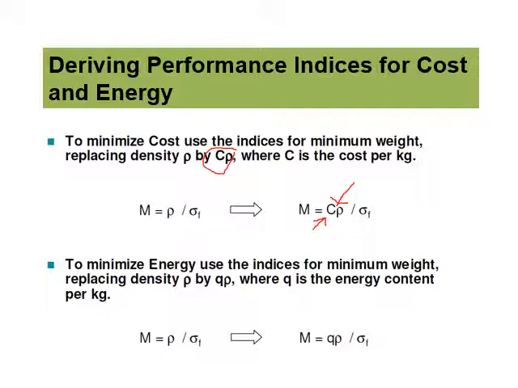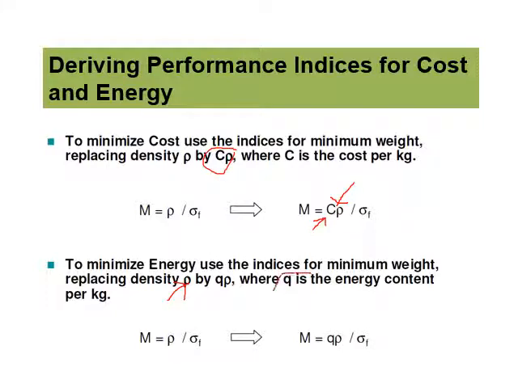Also, you can relate it with the energy. So energy to process a material is related with the weight. The higher the mass, the higher the energy. So for energy, you just need to replace the density rho over here with Q rho.